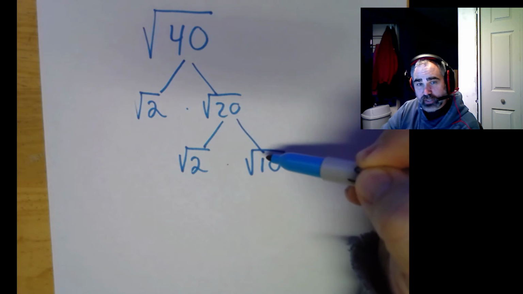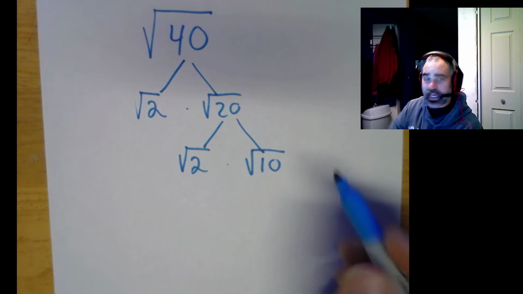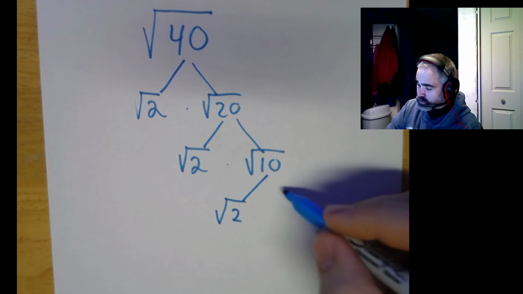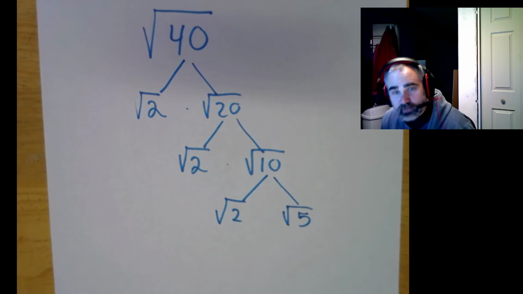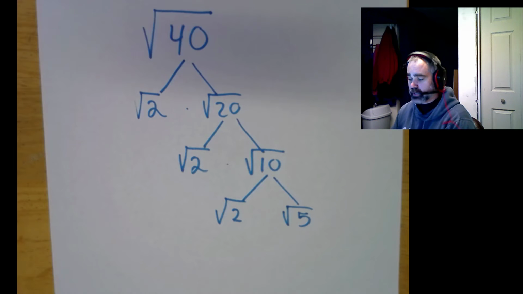And I'm going to keep doing this until I have all prime numbers left. 10 is divisible by 2. So the square root of 2 times the square root of 5 is going to multiply to be 10. Now what I've done here is I have made a factor tree. I have a prime factorization of 40.